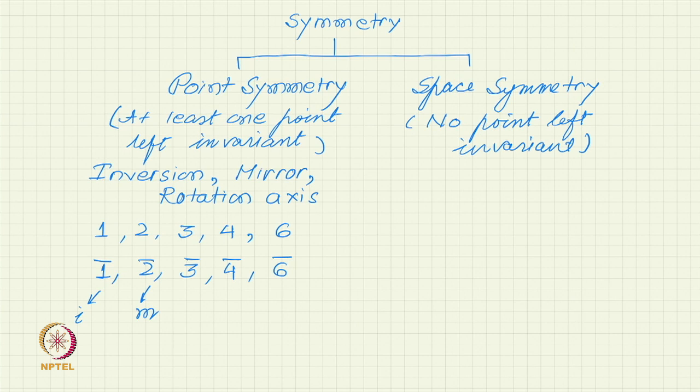Space symmetry obviously will involve translation, and we have to worry about space symmetry, because when we are thinking about a crystal, we are saying periodic arrangement of points or periodic arrangement of atoms, and the periodicity involves translation. And as soon as you apply translation to any object or any body, no point will be left unchanged.